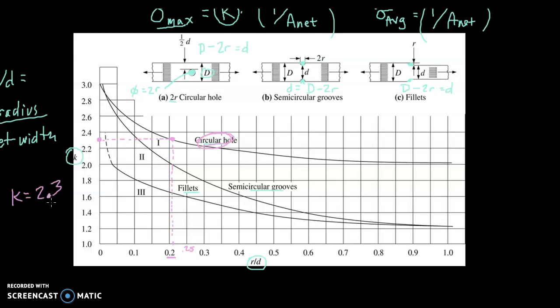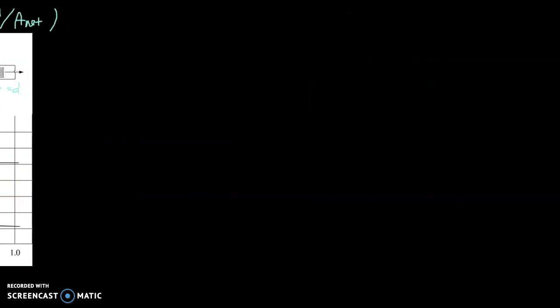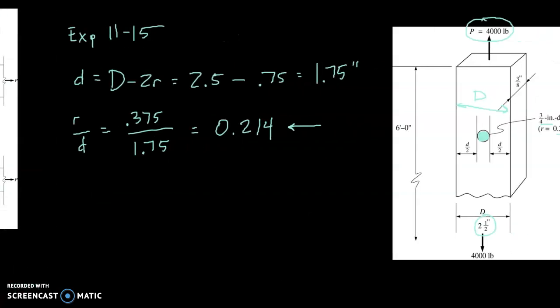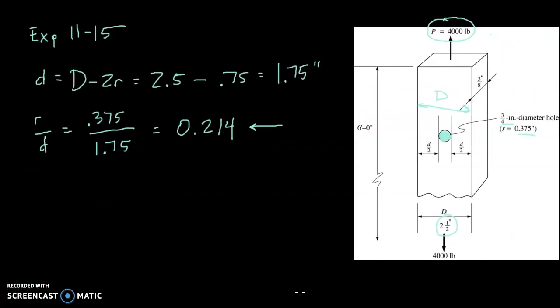Your answer will be slightly different, but it will be pretty close to agreement with the solution here. So we're going to go with K equals 2.3. So I'll slide over here and up, back to this example problem, and we've got K equals 2.3.